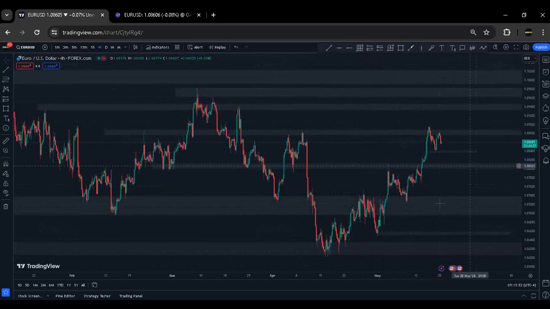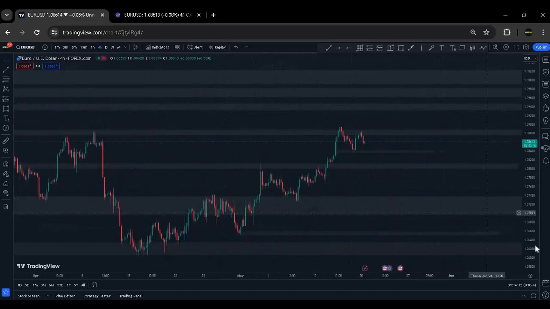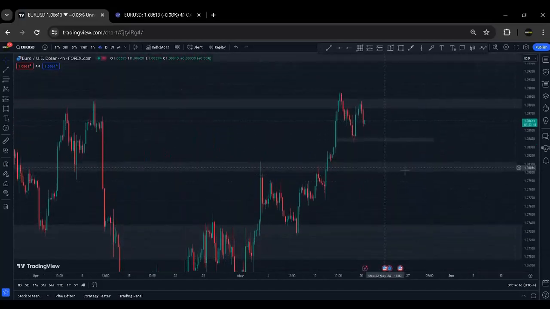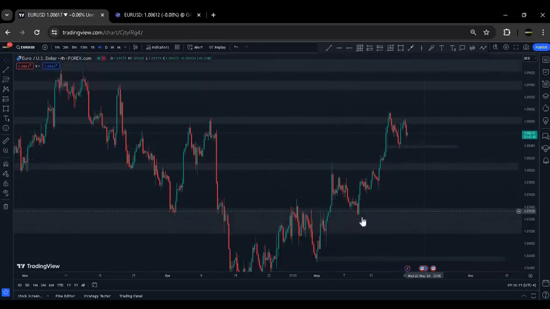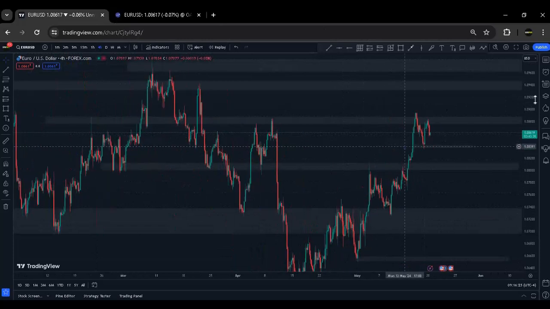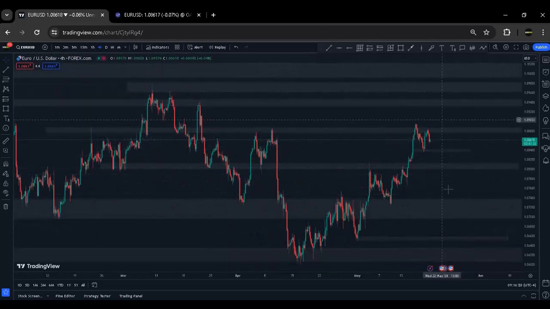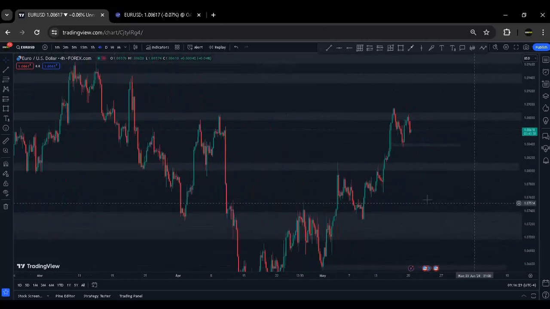We have a little bit of support in there. So price is at this level right here, which looks like it's a permanent level because of these price reactions. And as you can see, we have been in a heavy bullish momentum. So on the 4 hour, I can't see any levels that are of interest to me to mark for price to either go down or go high.